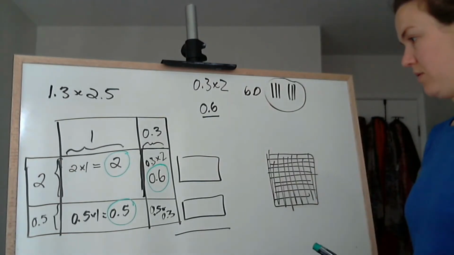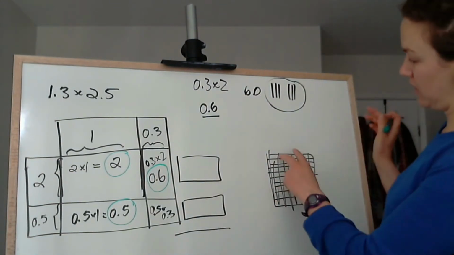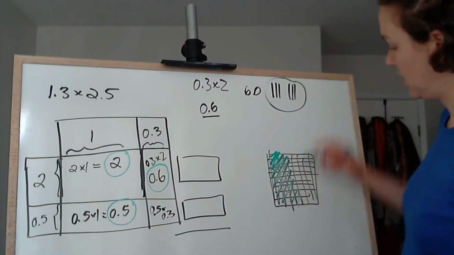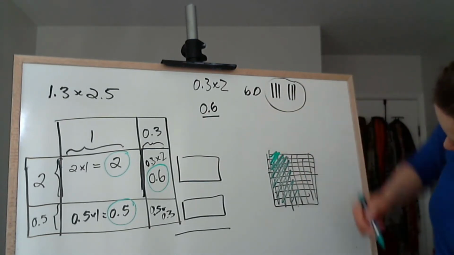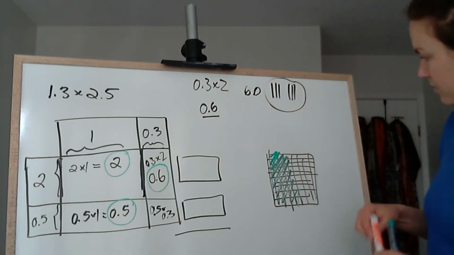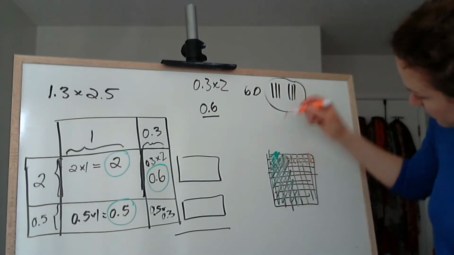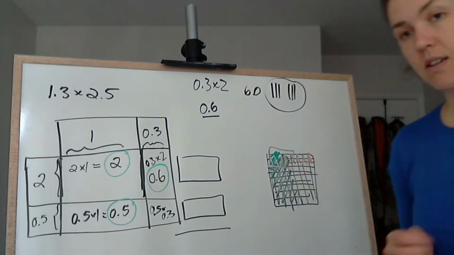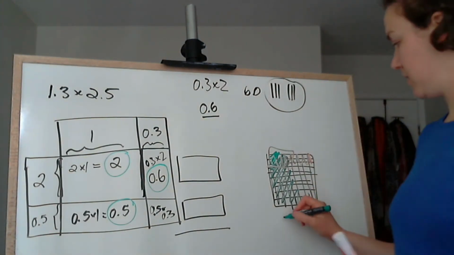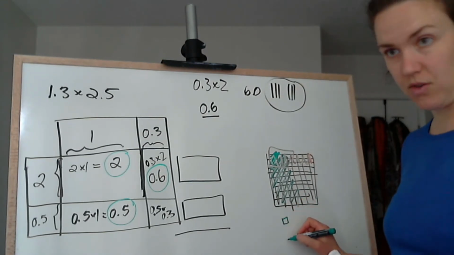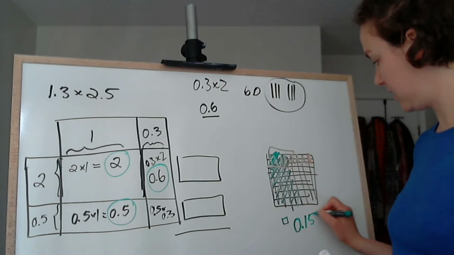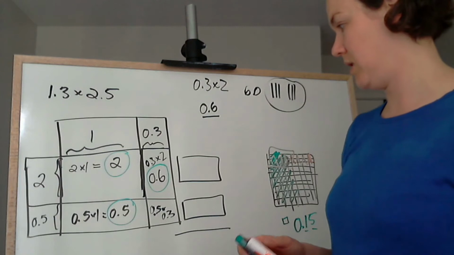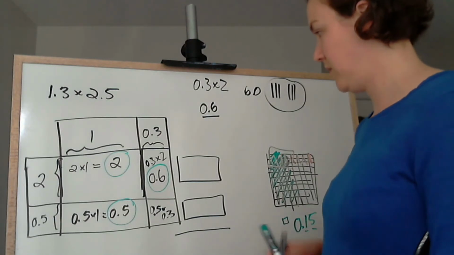So if you have 5/10 shaded this way, so half of it, and then 3/10 this way, I'll do it in orange. Then this area is 15 little squares, and we know that the little cubes are hundredths. So that means I have 15 hundredths, and I write it like this, tenths, hundredths. So 5/10 times 3/10 is 15 hundredths.